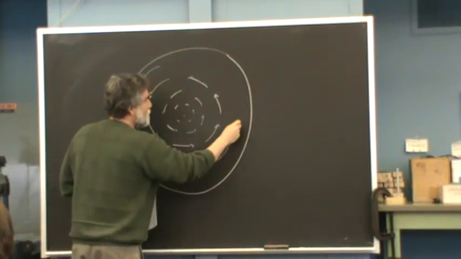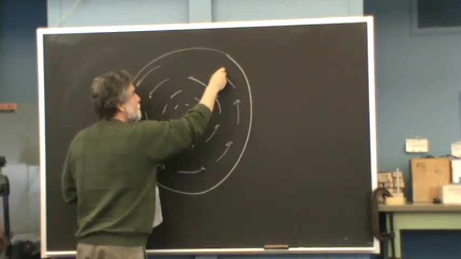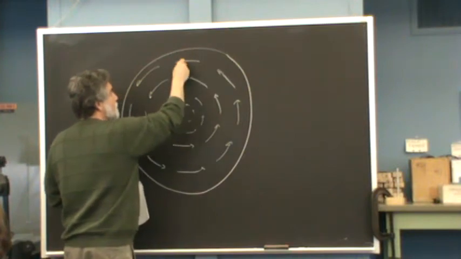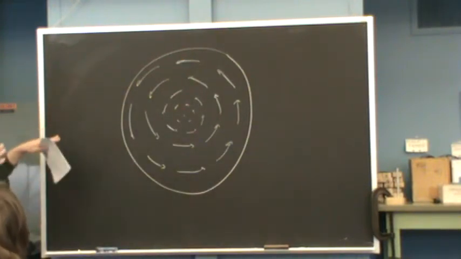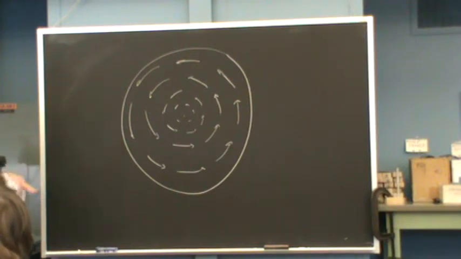Those vectors are supposed to get longer as you go around, right? So that's the field for just the wire with no cutout, all right?